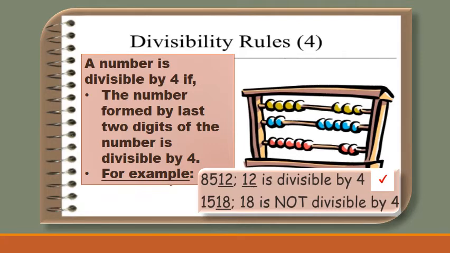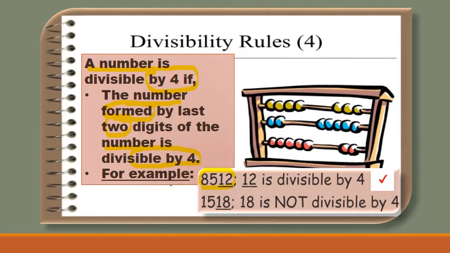Now comes the divisibility rule of 4. A number is divisible by 4 if the number formed by the last 2 digits of the number is divisible by 4. Now let us take the number 8512 as an example.